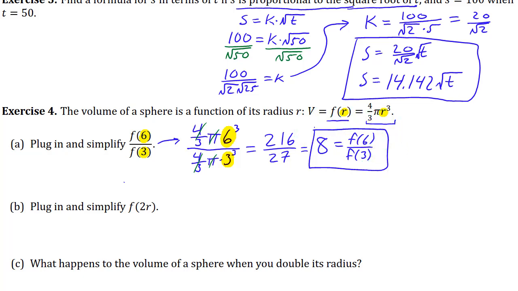Now, what if we plug in 2r instead of r? So now the input is going to be 2r. So this is going to be 4/3 times pi times 2r to the power 3. And let's see, how can you deal with 2r to the power 3? One of the exponent rules says you can write this as 2 to the power 3 and r to the power 3.